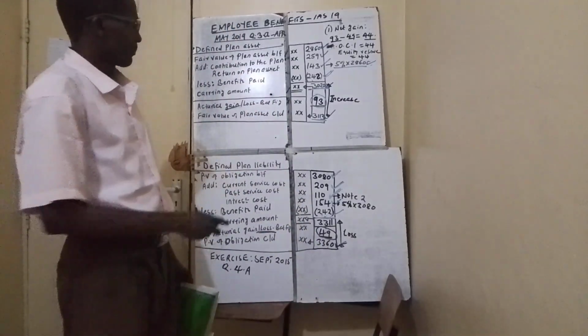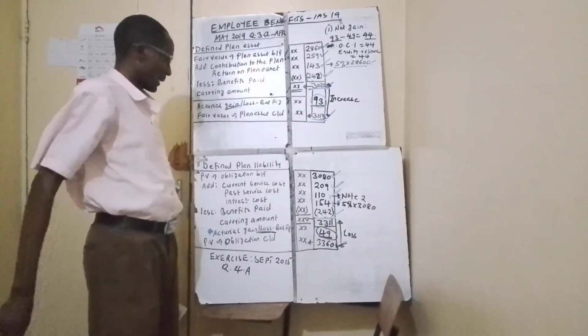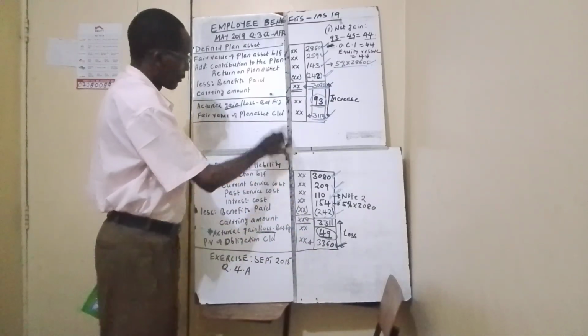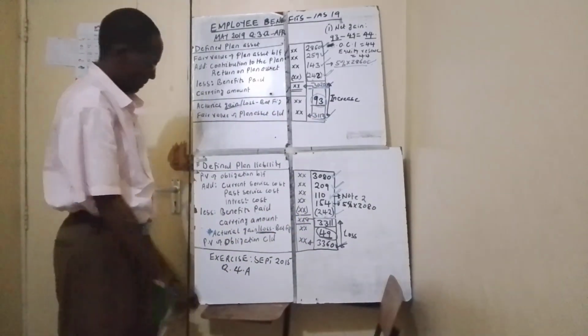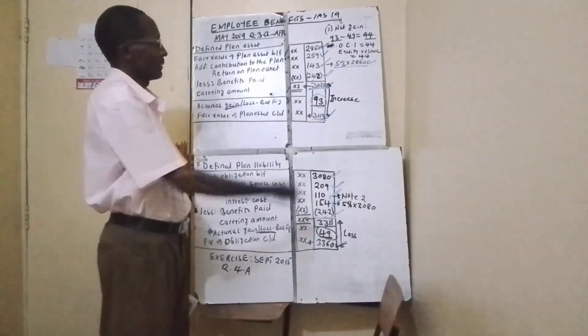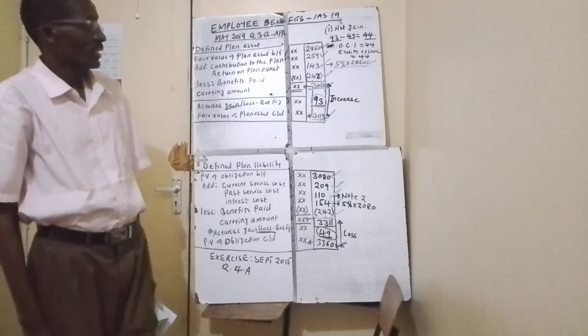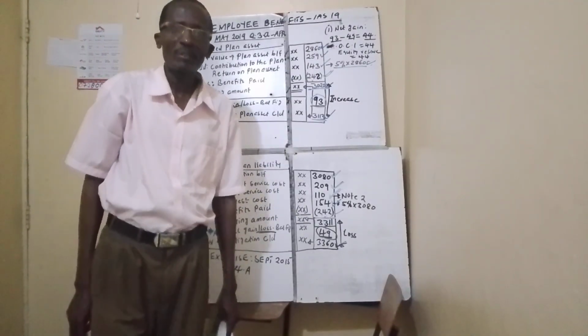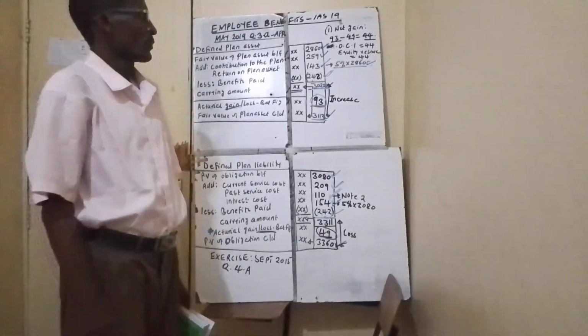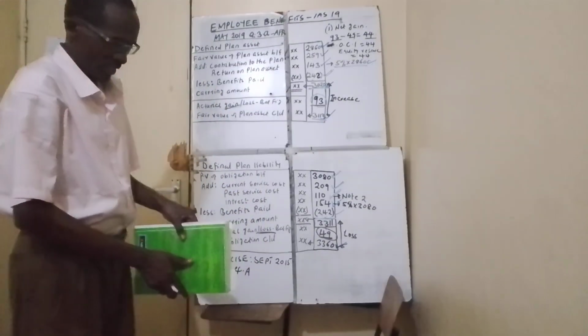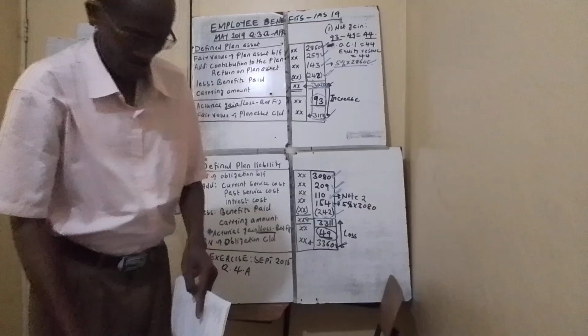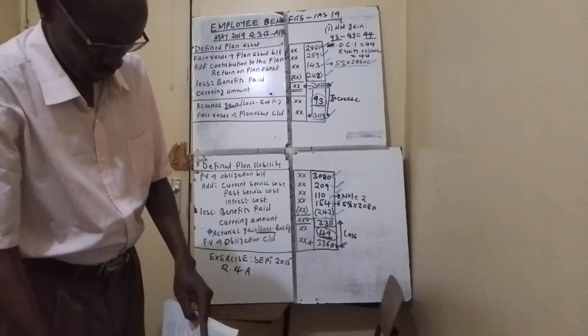But in our case, there was an actual gain of 93 and an actual loss of 49, 93 minus 49, you are left with 44, and that figure goes to other comprehensive income as well as to the equity reserve. So that is the end of that. That is how you could have attempted that particular question.